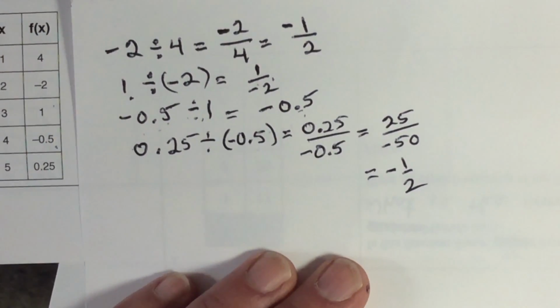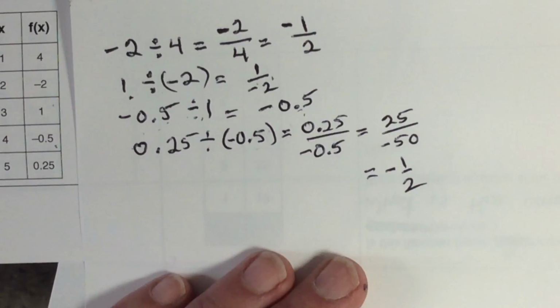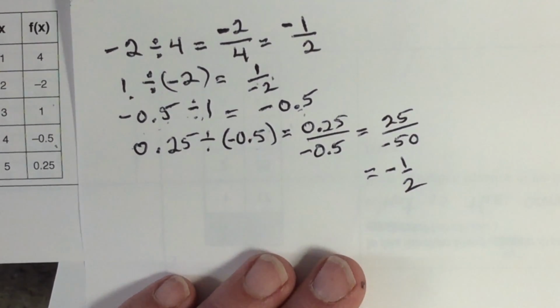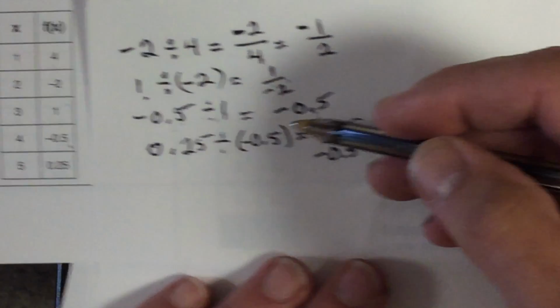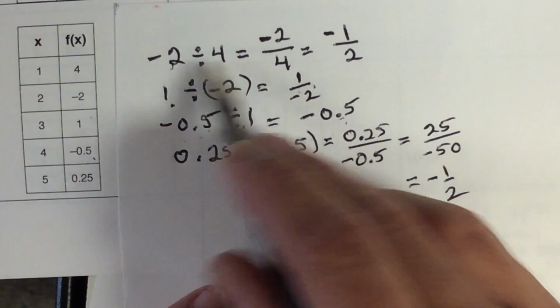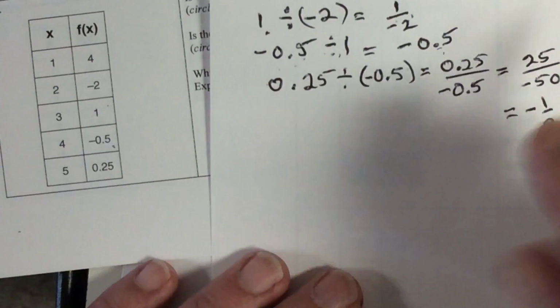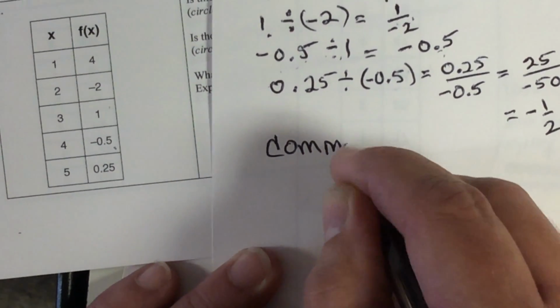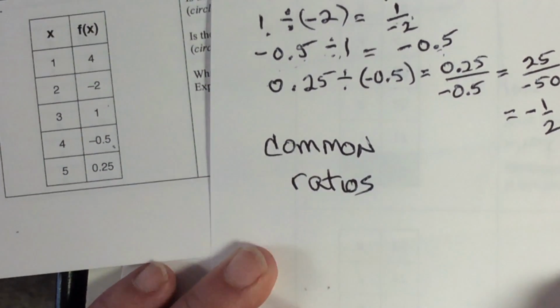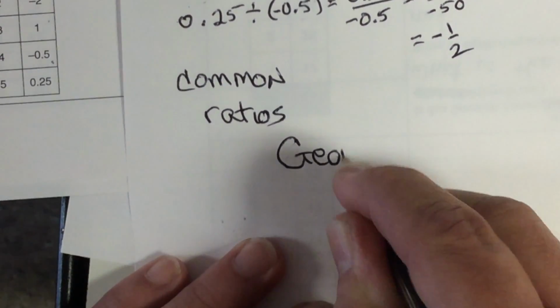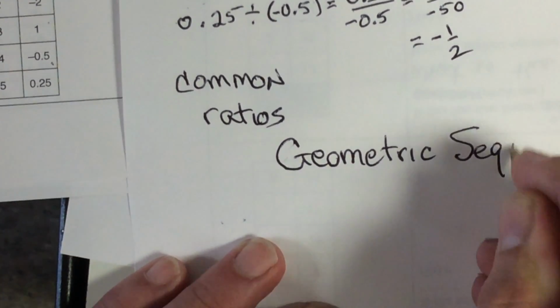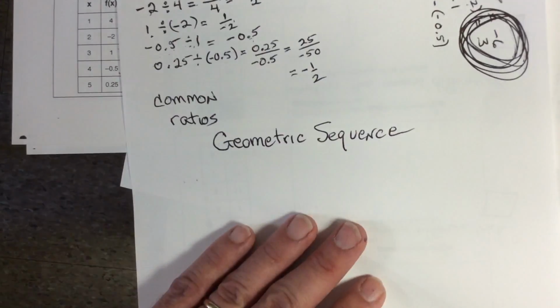And guess what? All four of those numbers are the same. These are ratios. And if I take the ratio of each term to the term that came before it, I get the same ratio. These are common ratios. If you have common ratios, that means that you have a geometric sequence.